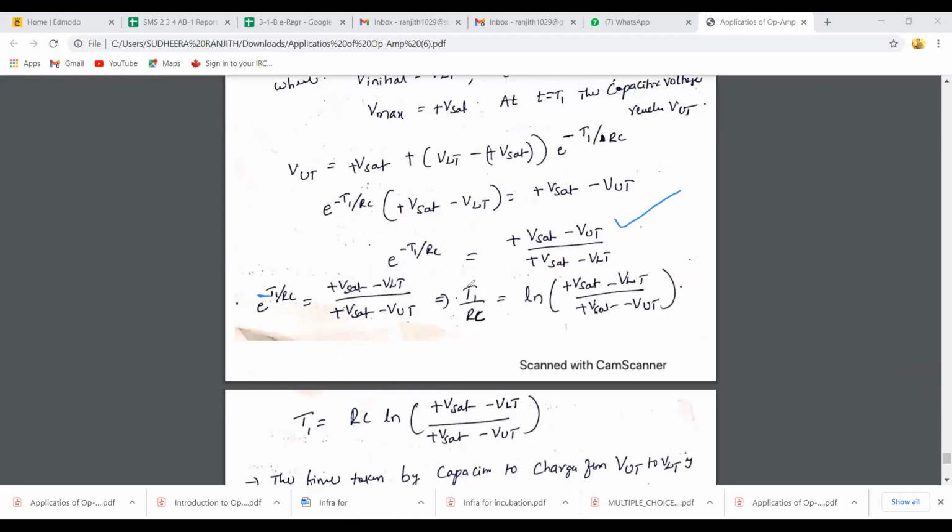Then what is T1 by RC? It is the natural logarithm, right? So ln of this one, but here I'm directly applying the inverse also, because I'm removing the negative sign.